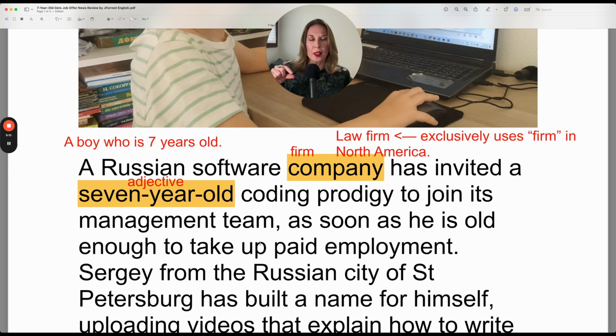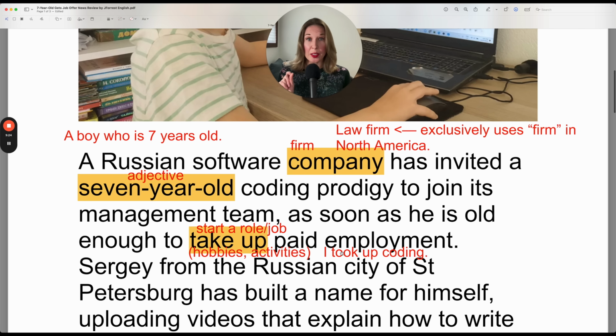So in this case, you could think of it as to start doing that job. So if you take up coding as a hobby, you start learning or doing coding. And of course, remember, take is your verb, so you need to conjugate that. If you say, I took up coding, of course, that's in the past simple. You started coding as a new hobby or activity.